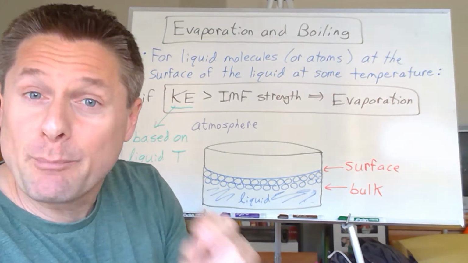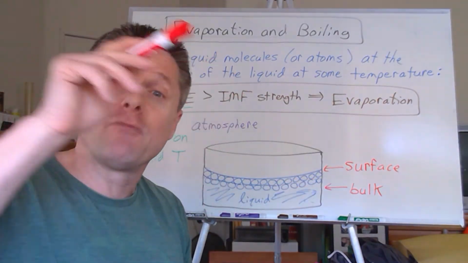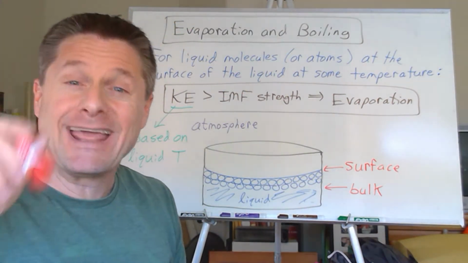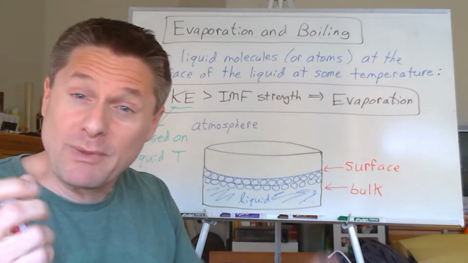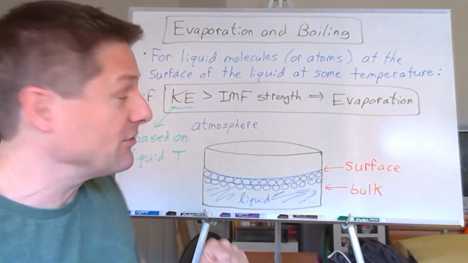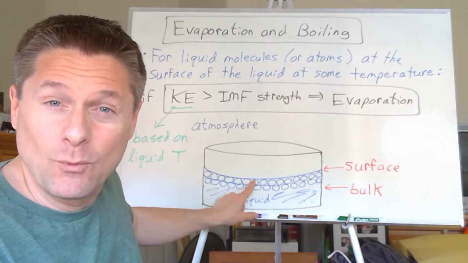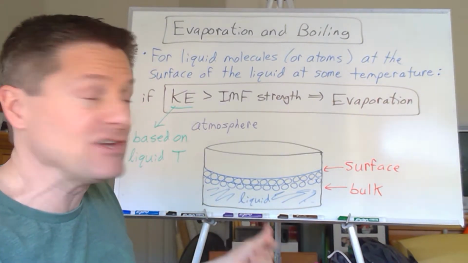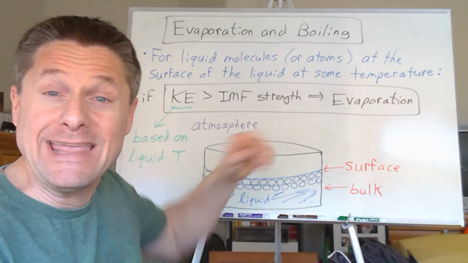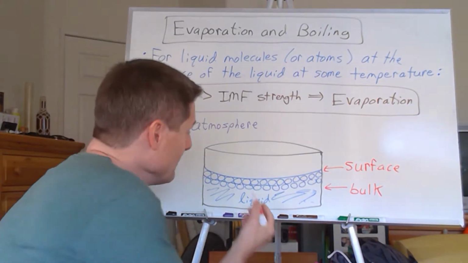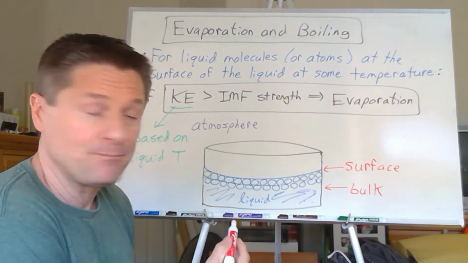And there's a certain percentage of them. Remember that bell curve when we looked at gases for gas kinetic energies and speeds? You get this bell curve because of collisions and transfer of kinetic energy. It is possible that one of these particles will pick up enough kinetic energy to overcome the intermolecular force strength. Remember, these are holding on to each other right here.